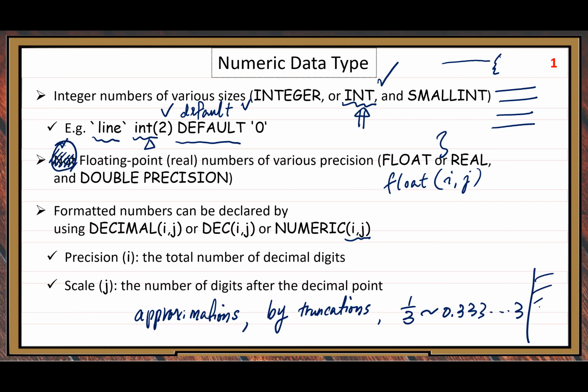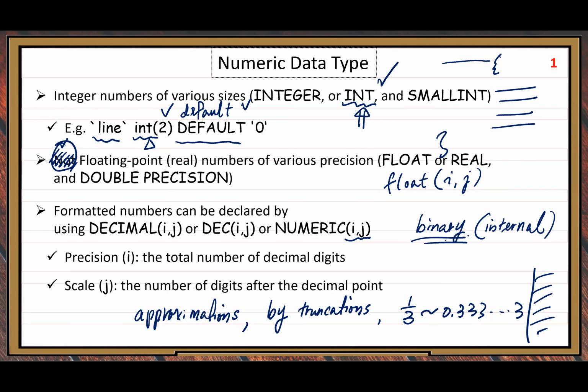But remember, our computer uses the binary system. The internal representation in the computer machine is a binary representation.